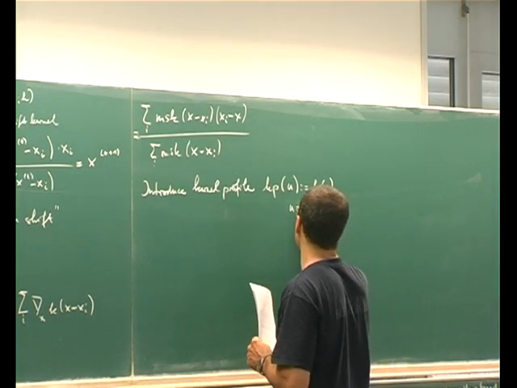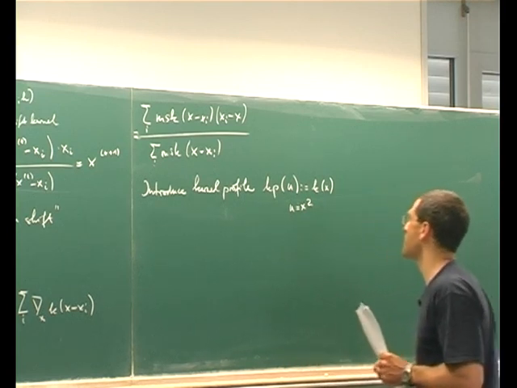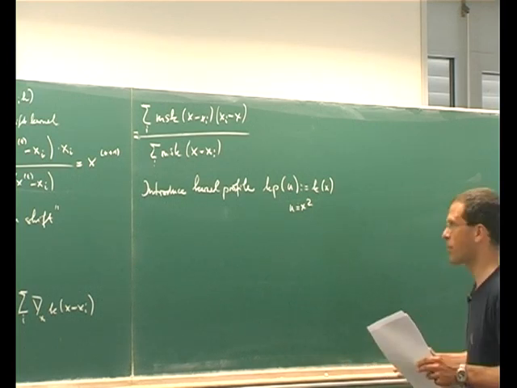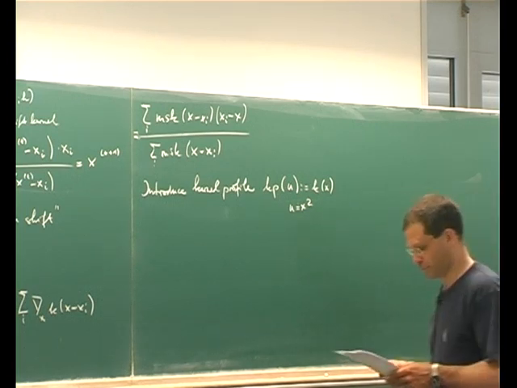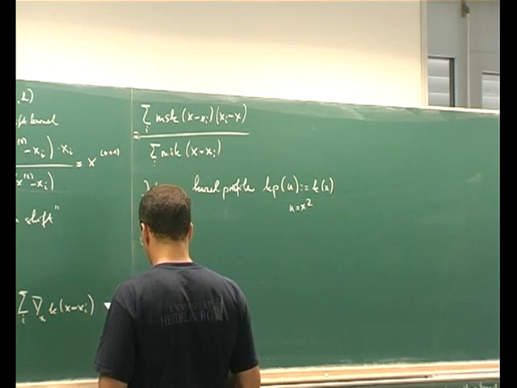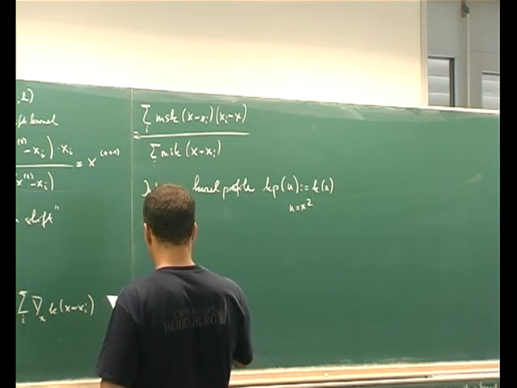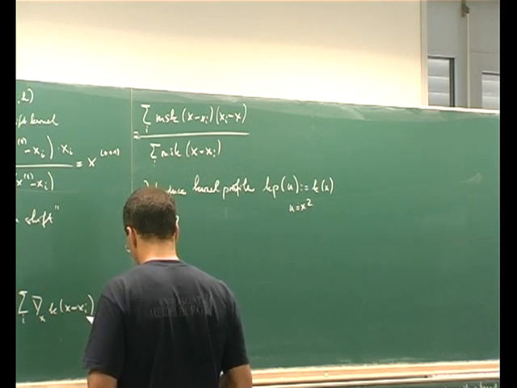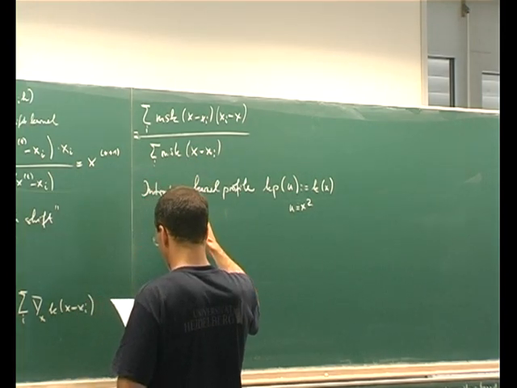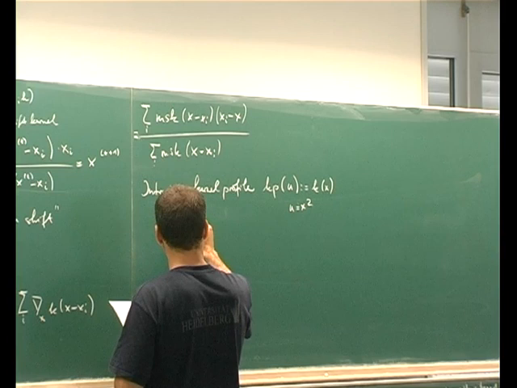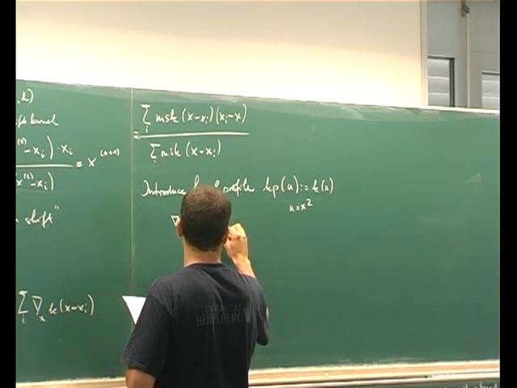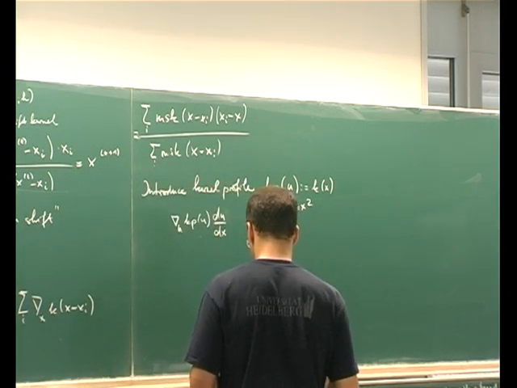Where u is given by x squared. So the kernel profile is something like a compressed version of the kernel. And then the gradient of the kernel can be rewritten as the gradient of u, of the kernel profile of u, because with this change of variables times du by dx.